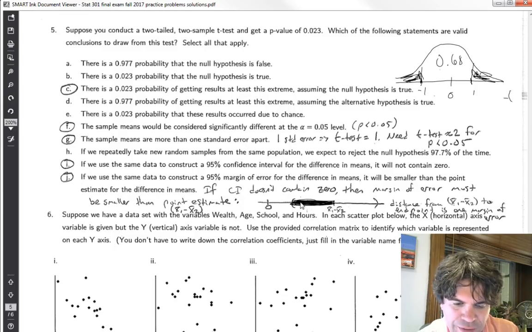That's one margin of error. That's how we get to one of the endpoints of the confidence interval. So if that is a margin of error, this, whatever this value is, that is the size of the difference in means. Here's 0, here's the difference in means. So that number, whatever it is, is further away from 0 than this thing. So whatever this number is, it's got to be bigger than that margin of error. Otherwise, 0 would be inside the confidence interval as opposed to outside.